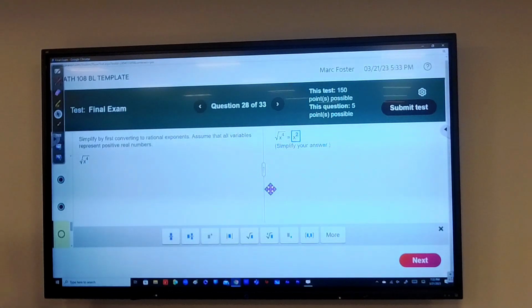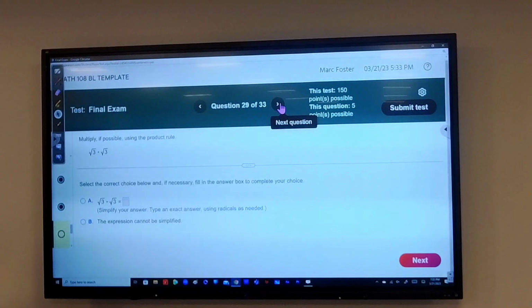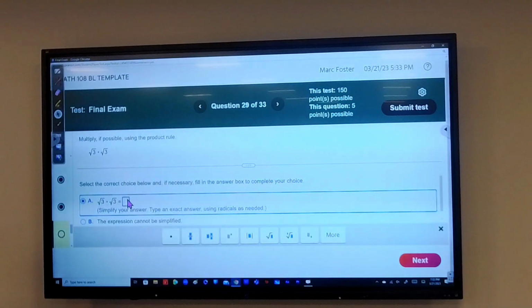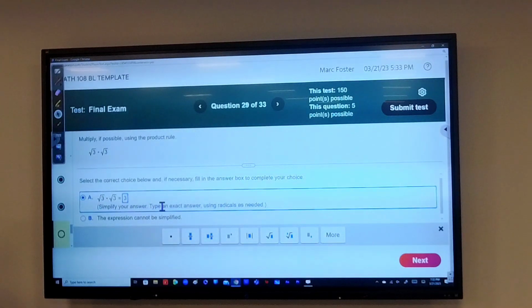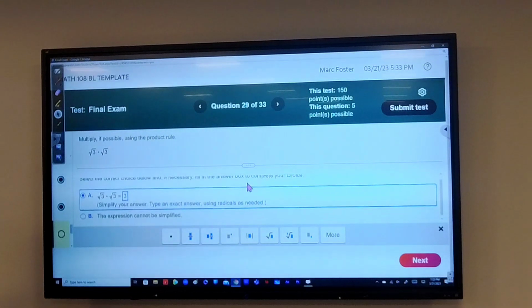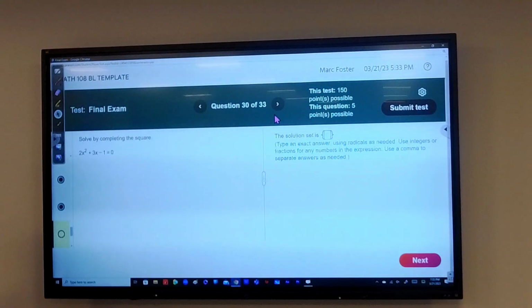Because it's 4 times 1/2. Product rule, I don't even know what that means, but yeah, it's 3. I think they just mean that the radical of the products is the product of the radicals. Or you could say this is 3 to the 1/2 times 3 to the 1/2. So you have 3 to the power 1/2 plus 1/2, which is just 3. There's a bunch of ways to look at it.